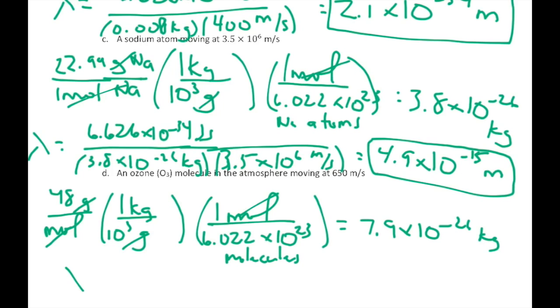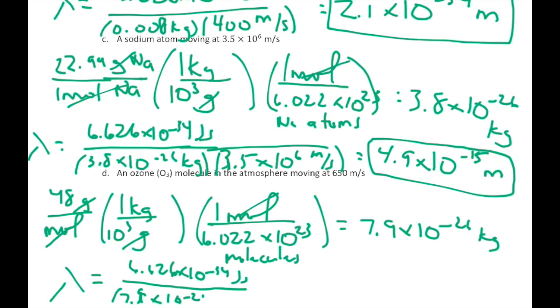And again, we plug into the de Broglie equation one more time. That's 7.9 times 10 to the negative 26th kilograms times our speed, which is 650 meters per second.